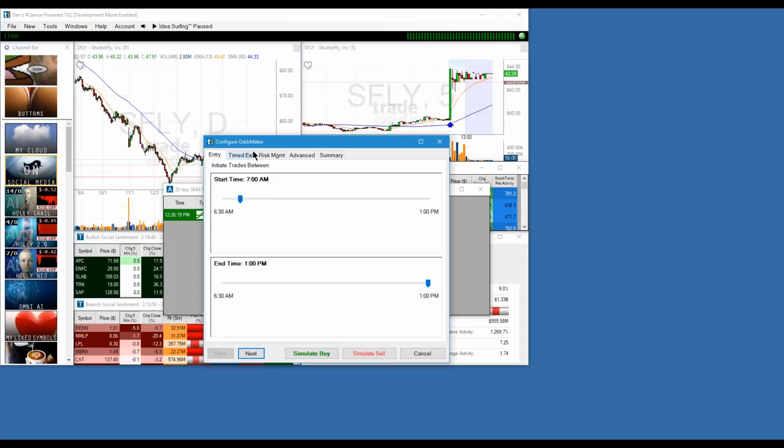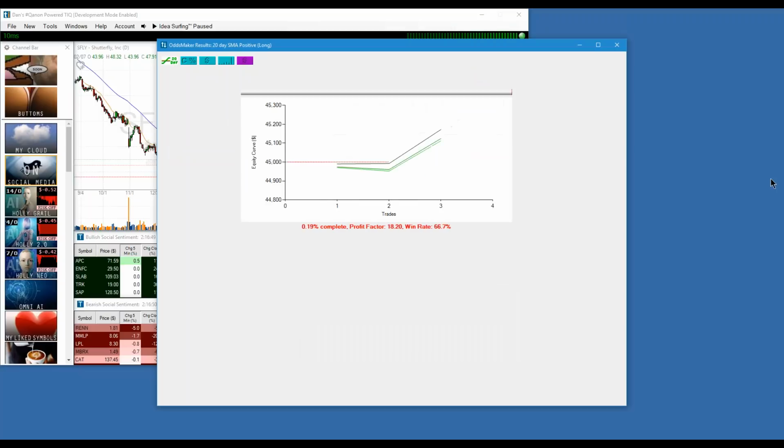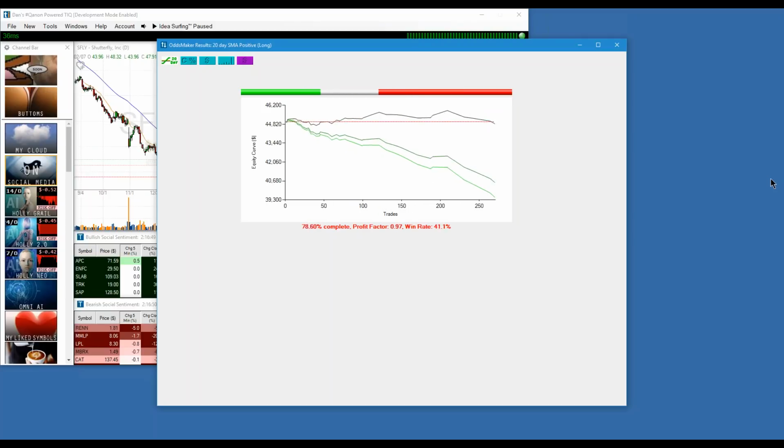From a day trading point of view, you can say, how about 30 minutes? Again, just throwing it out there, let's see what happens. This will lead to the AI and a lot of the things that we're working on to improve.